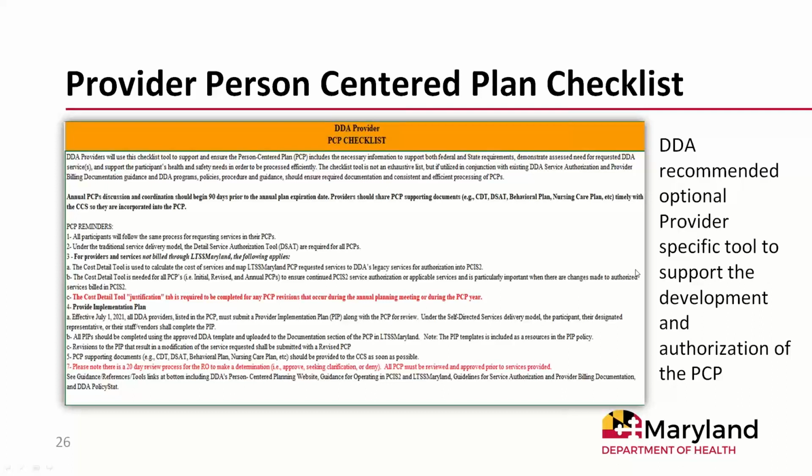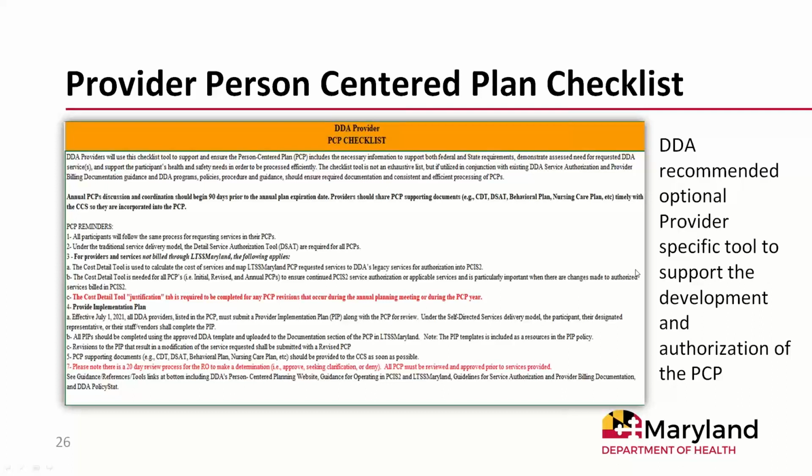The checklist tool is not an exhaustive list, but if utilized in conjunction with existing DDA service authorization and billing documentation guidance and DDA program policies, procedures, and guidance, it should ensure required documentation and consistent and efficient processing of person-centered plans. Annual PCP discussions and coordination should begin 90 days prior to the annual plan expiration date.